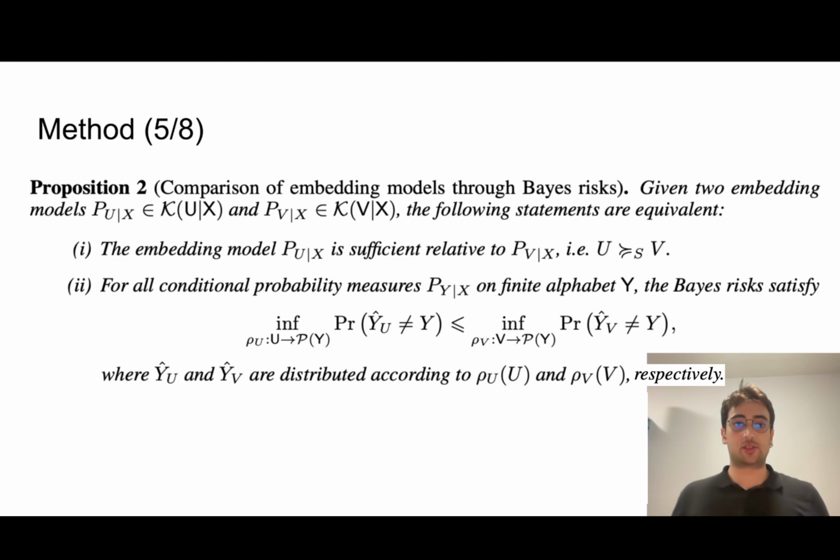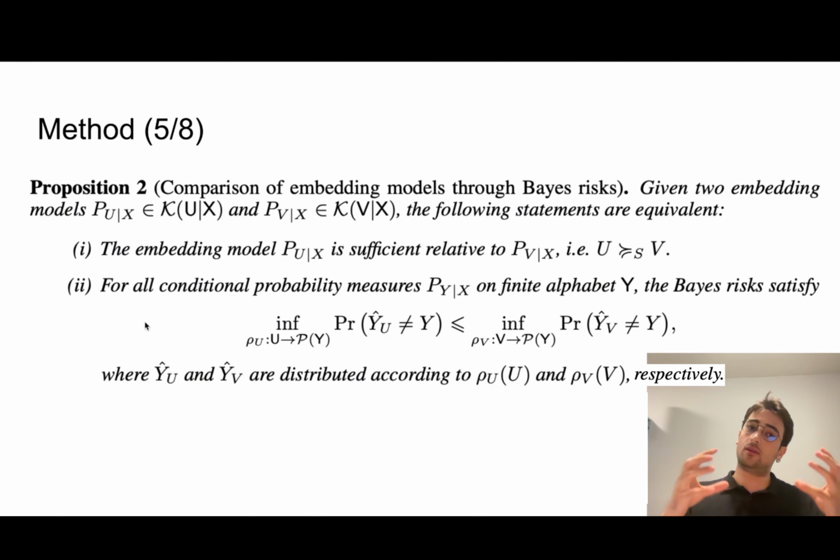So the second proposition here, they also wanted to look at it from the Bayesian risk perspective. Just look at the second one; maybe the first one is not that crucial. If U is sufficient for V, what we can say is the Bayesian risk is smaller.